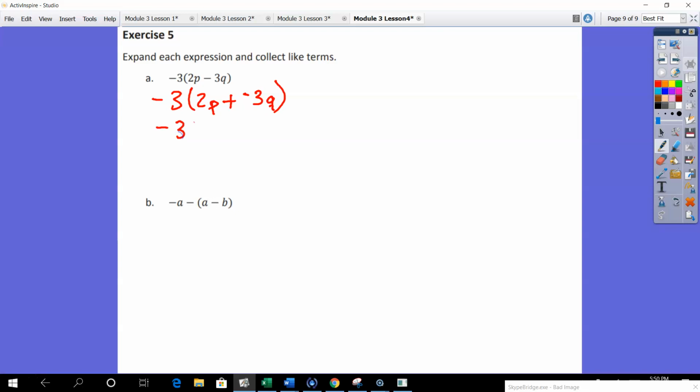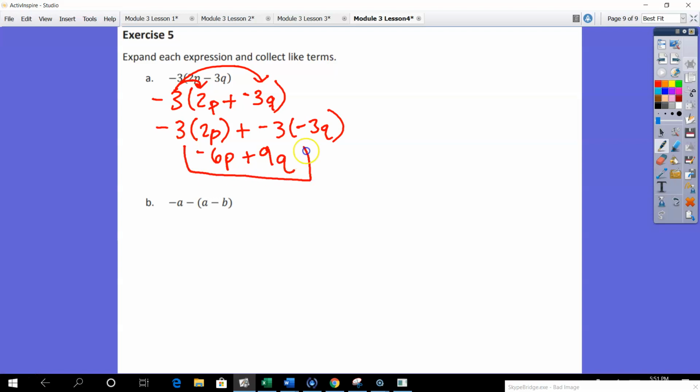So we're doing negative 3 times 2p plus negative 3 times negative 3q. So negative 3 times positive 2 is negative 6p plus 2 negative signs. That's an even number of negative signs, so that's positive. So 3 times 3 is 9q. Okay, I don't have any double signs. P and Q are not the same letter, so this is my final answer.